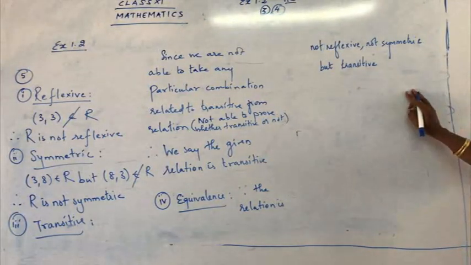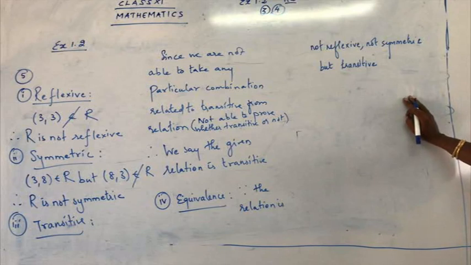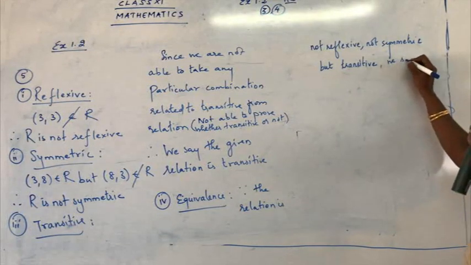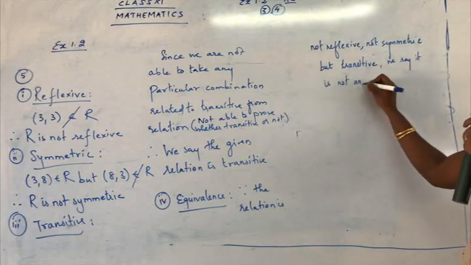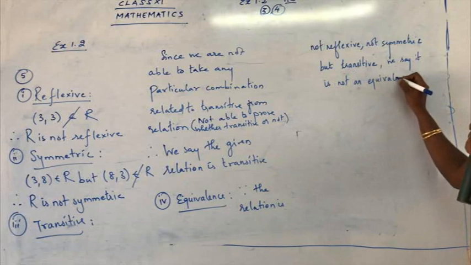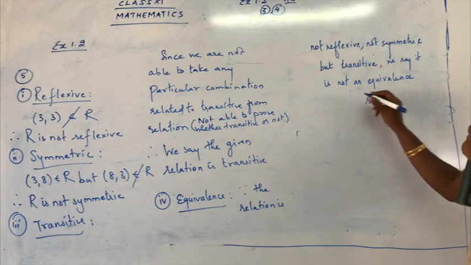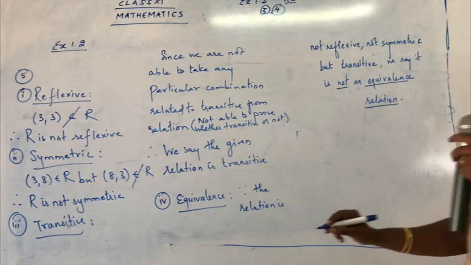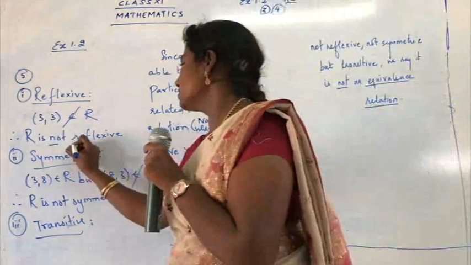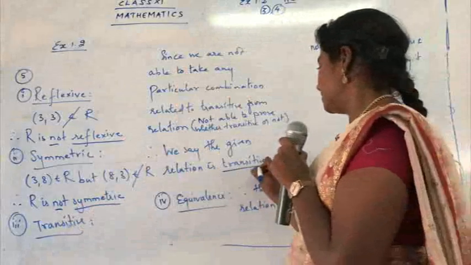Since the relation is not reflexive, not symmetric, but transitive, we say it is not an equivalence relation. Highlight your answers. Not equivalence relation. Here, not reflexive, not symmetric, transitive.